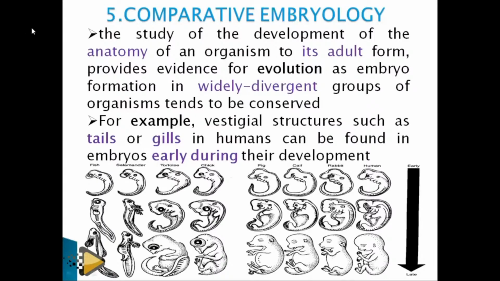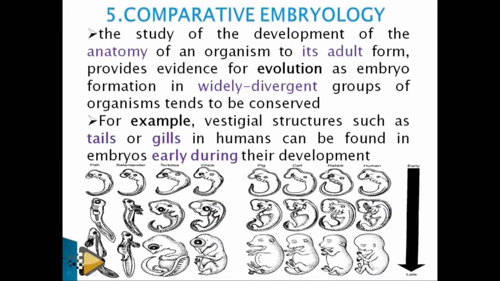So now we are saying that the study of the development of the anatomy of organisms to suit their adult form provides evidence for evolution, as embryo formation in widely divergent groups of organisms tends to be conserved. It means that you conserve those stages you went through during evolution. For example, the vestigial structures such as tails or gills.